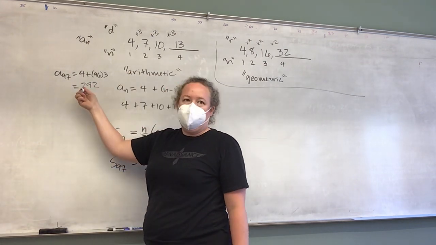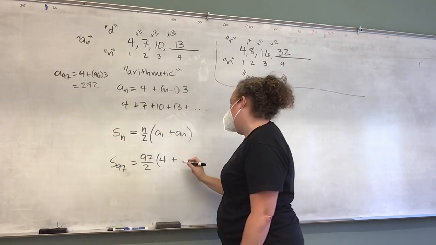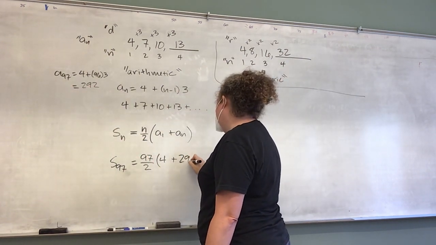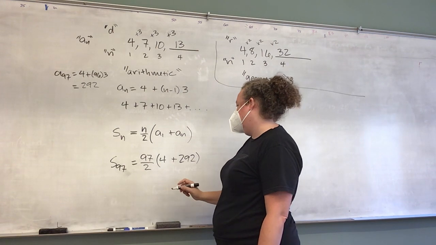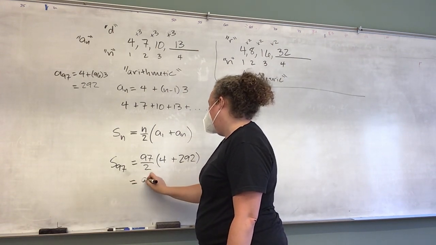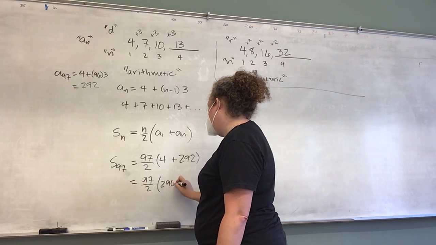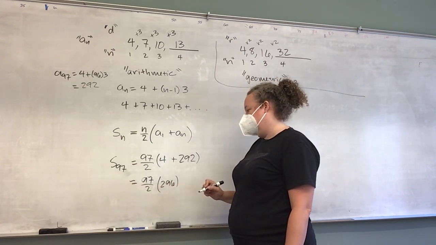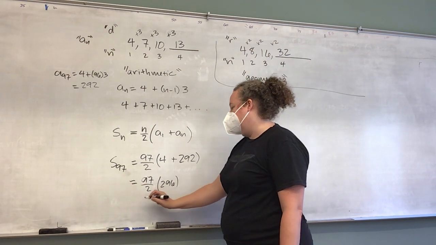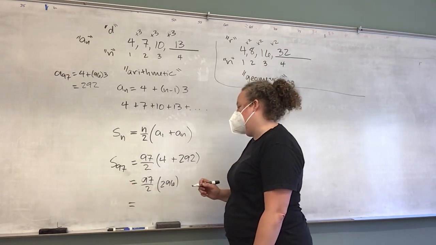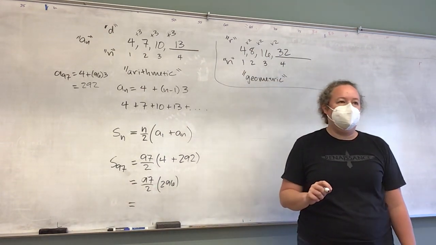But can somebody confirm that on the calculator? 292. Okay, so 4 plus 292. So we've got 97 divided by 2 times 296. And we can just put all that in the calculator. What's 97 divided by 2 times 296?